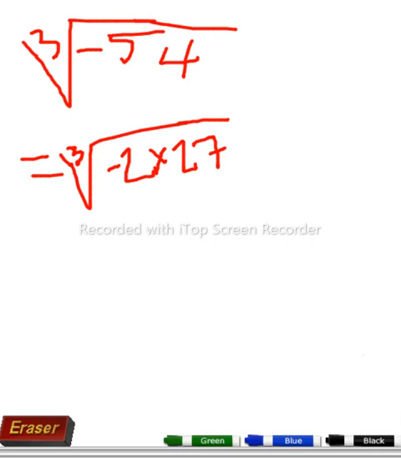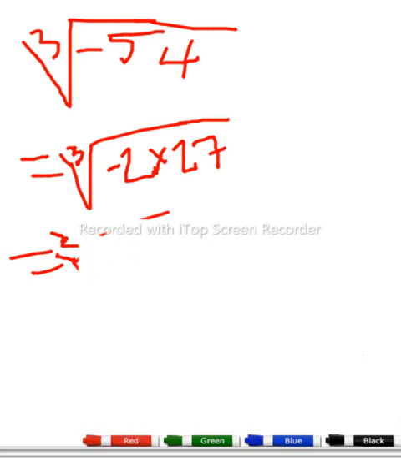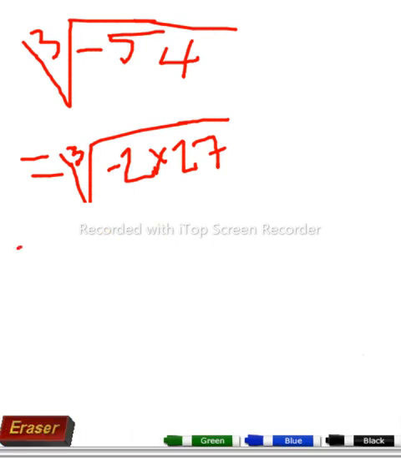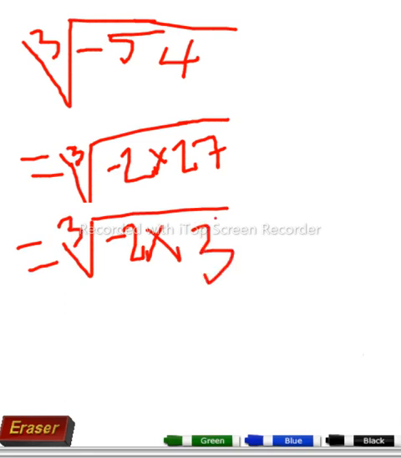After that, we can write again the cube root of negative 2 times 27. Sorry, here it is not clear. Let us clear it. The cube root of minus 2 times 27, where 27 is 3 to the power of 3.